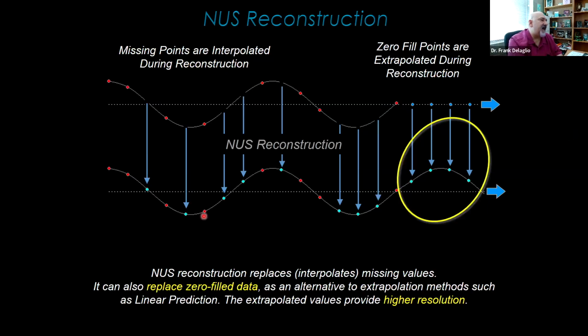So whatever mathematical tool that we use to fill in the blanks in the interior of the data, we can also use that mathematical tool to add synthetic points at the end of the data. So this is non-uniform sampling interpolation, and this is non-uniform sampling extrapolation. And because we have data now that extend over a larger duration, we've increased the apparent resolution of the result.